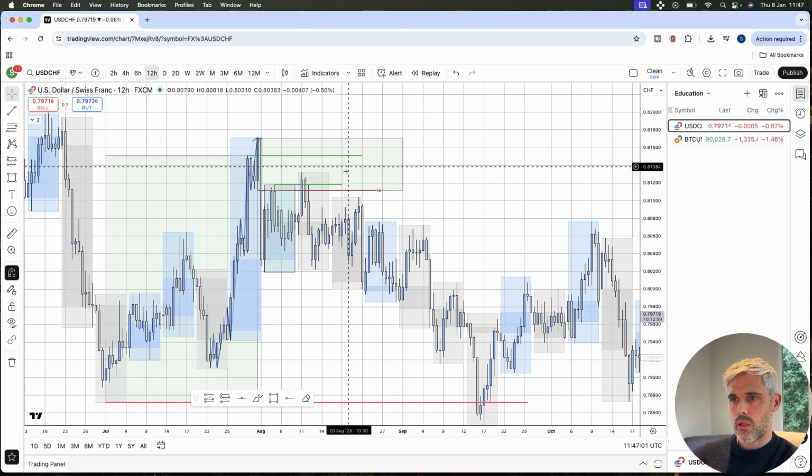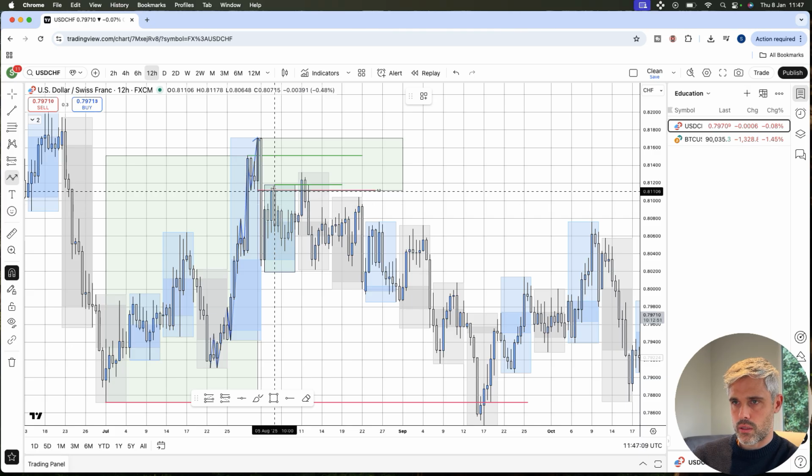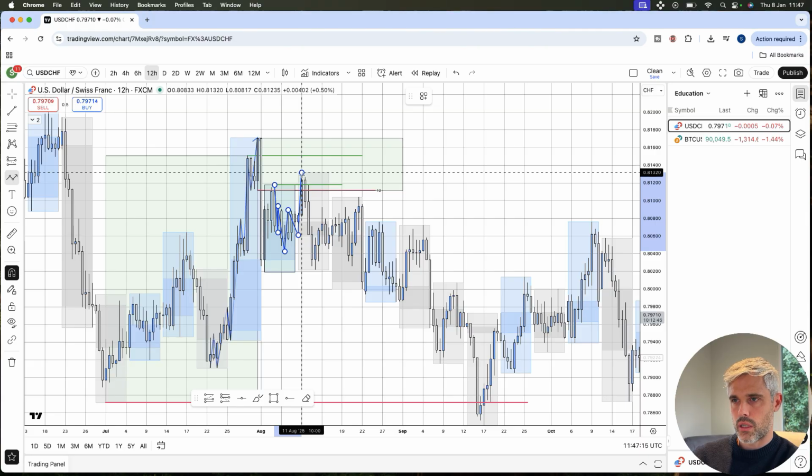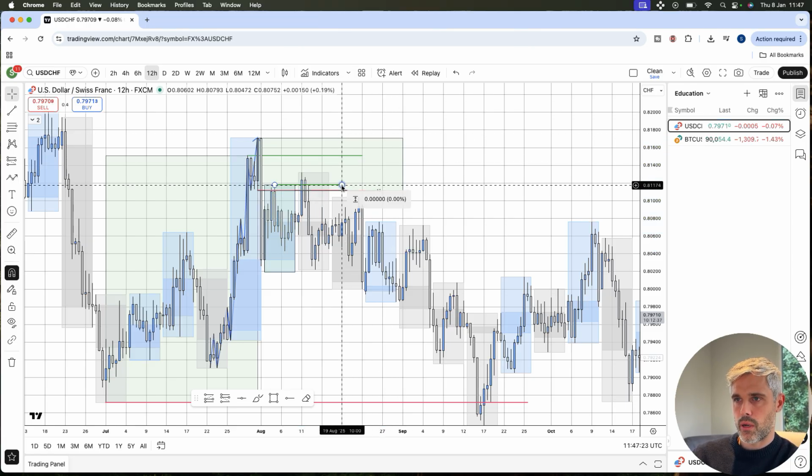So now we have an order block that came from, let's mark this again, bearish price action. Then we have a shift, bullish price action. So if you're just trading the order block, you're looking at longs. But what happens? We sweep above the weekly high.